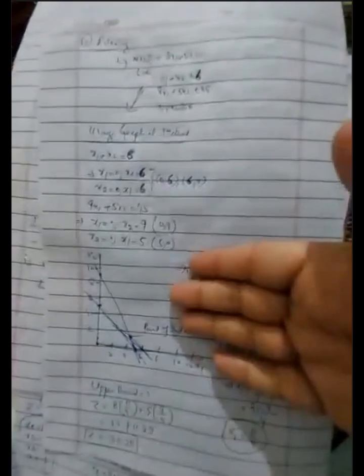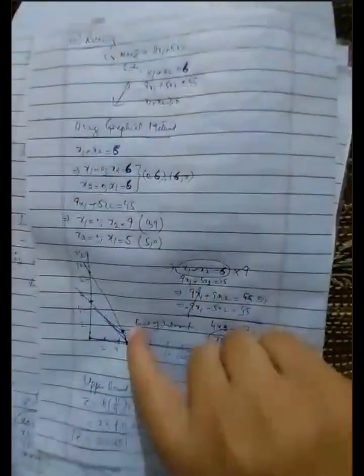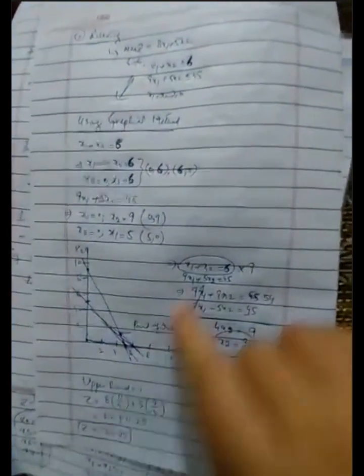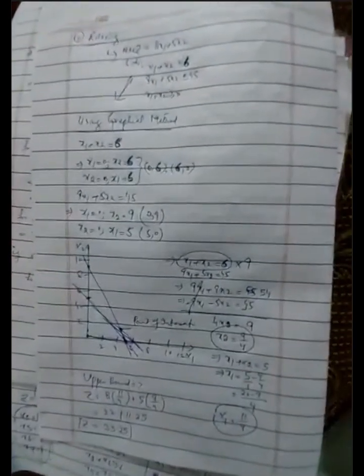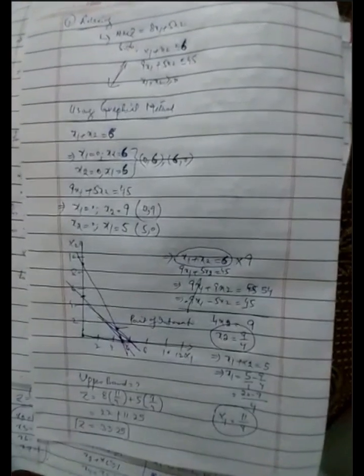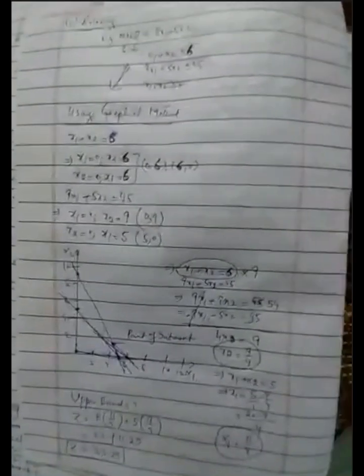We solved it using the graphical method, and we found this intersection of it to find the best z, the upper bound, and x1 and x2 using these two constraints. If you have any question, you can ask me now so that I can proceed.